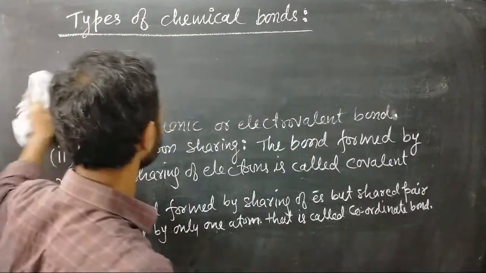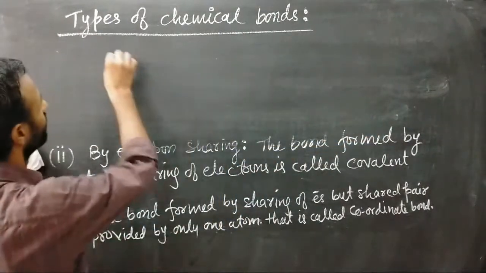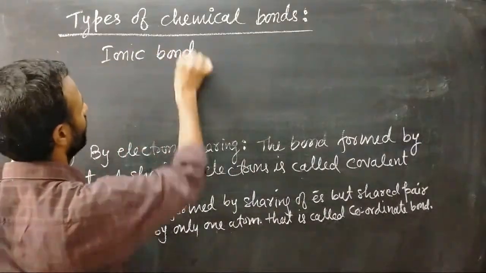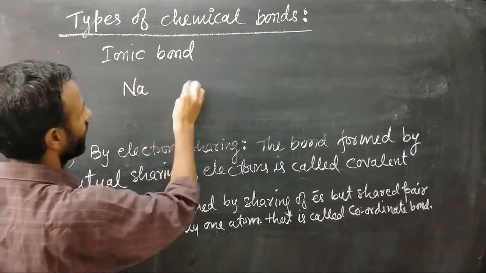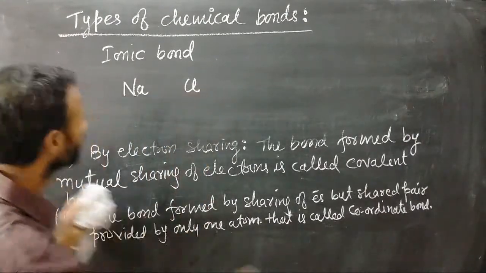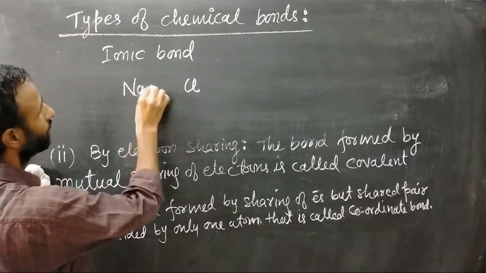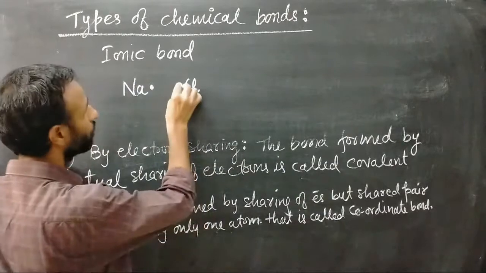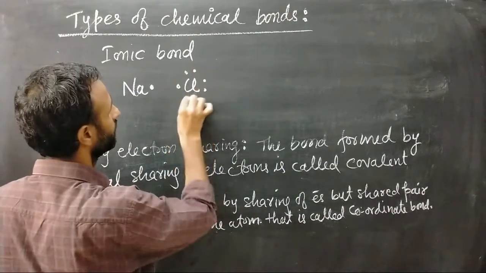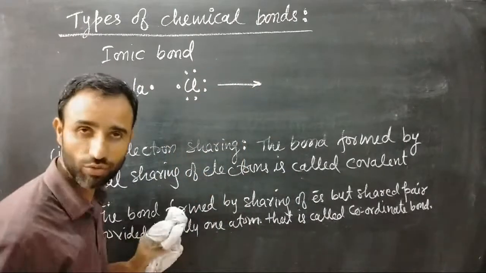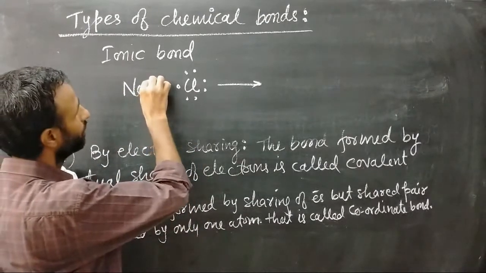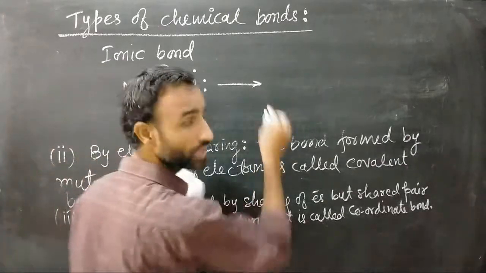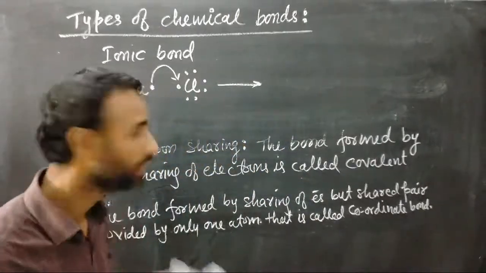See, first type, ionic bond. Let us take sodium and chlorine. You know, sodium has one dot, meaning one valence electron, and chlorine has 7 valence electrons. If sodium transfers its electron to chlorine, both acquire noble gas configuration.